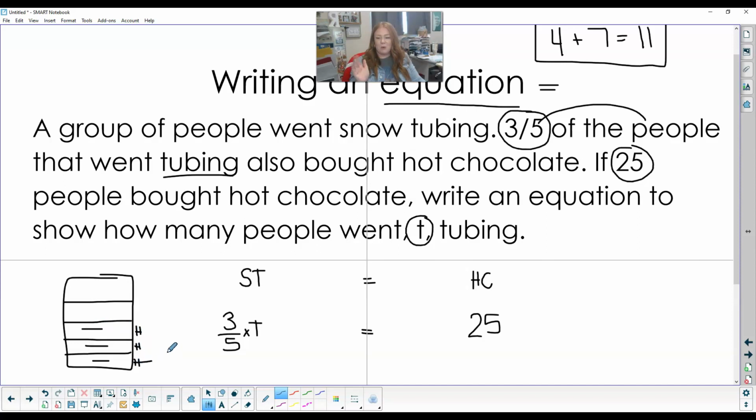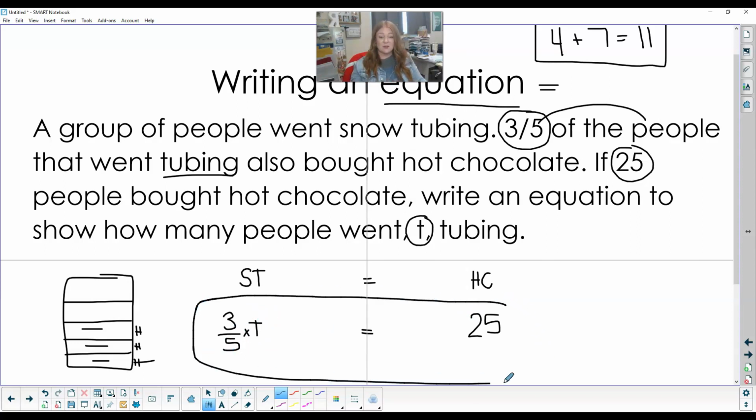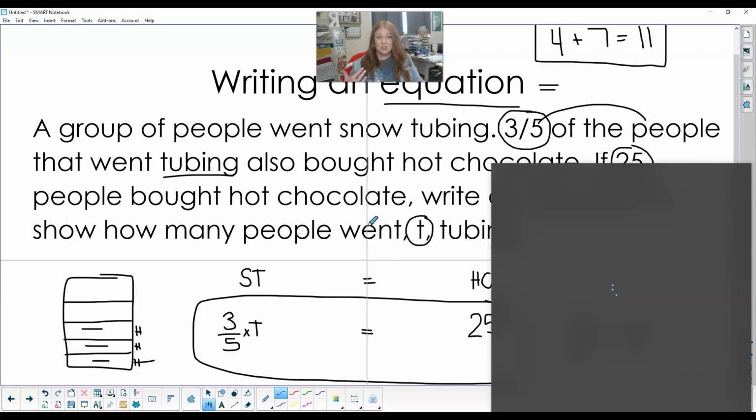So I've got to have more people that go tubing. When I multiply by a fraction, my answer gets smaller. So my tubing should actually be bigger. That makes sense. So my equation could be 3/5 of T equals 25. That's just one way.